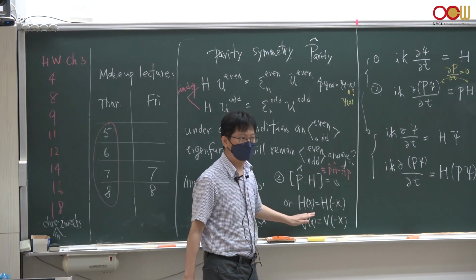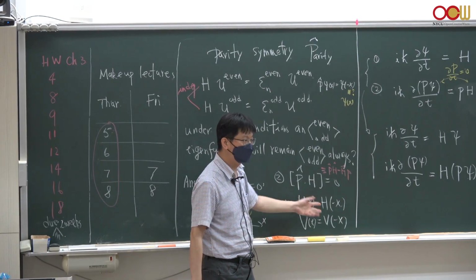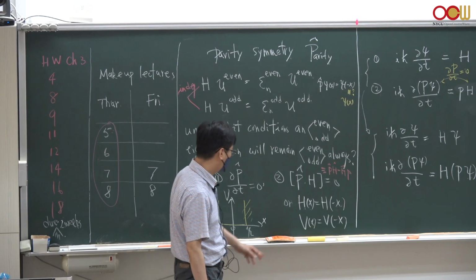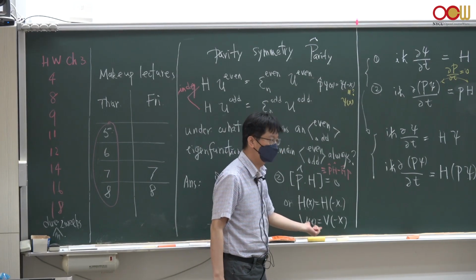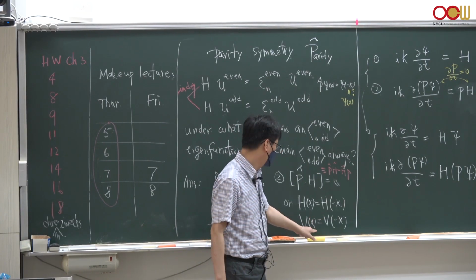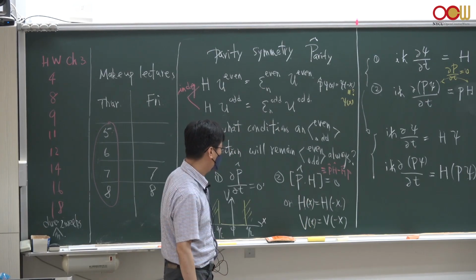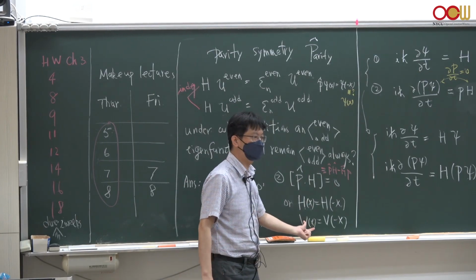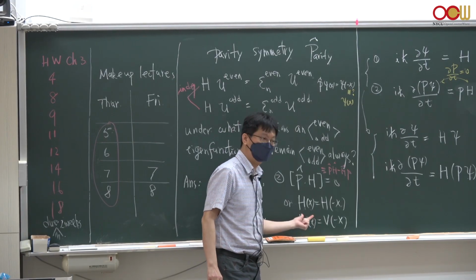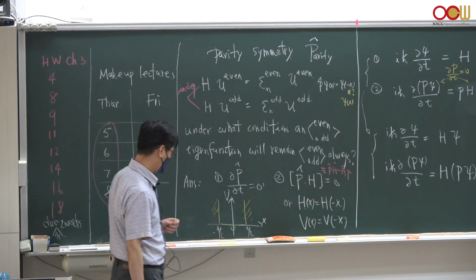Because we know that kinetic energy is always parity symmetric, the only thing that could cause parity violation is the potential term. So when we have such a parity symmetric Hamiltonian, it implies that the potential term must be parity symmetric.